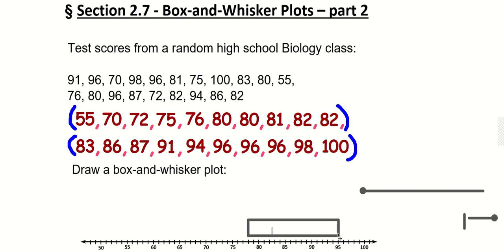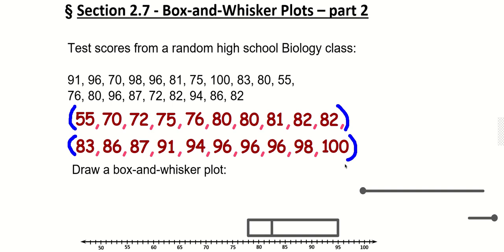So there's the box part of the box and whisker plot from 78 to 95. And then, of course, the overall median, the 82.5, you got to put that line.